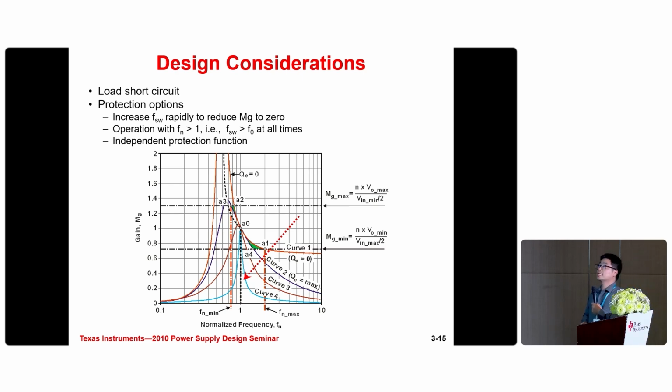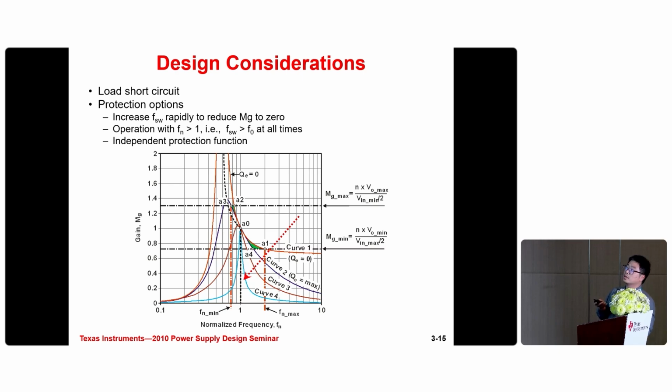And on the secondary side, the option is that when we design the LLC, we can set the LLC to work in the region where FN is larger than 1.